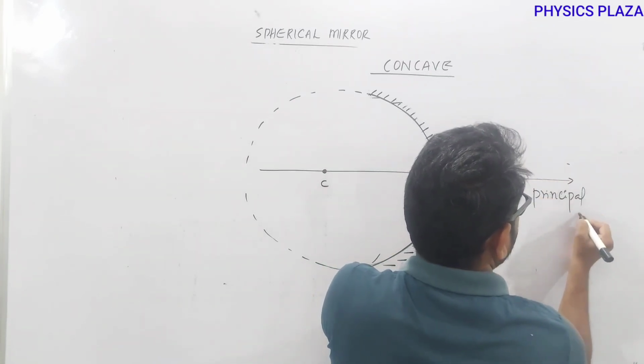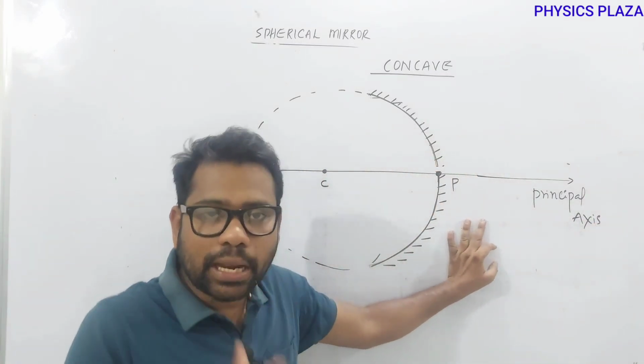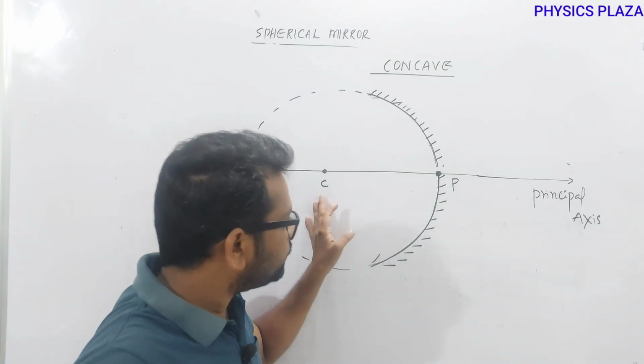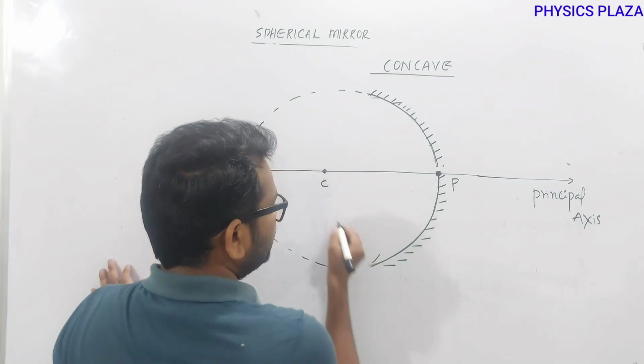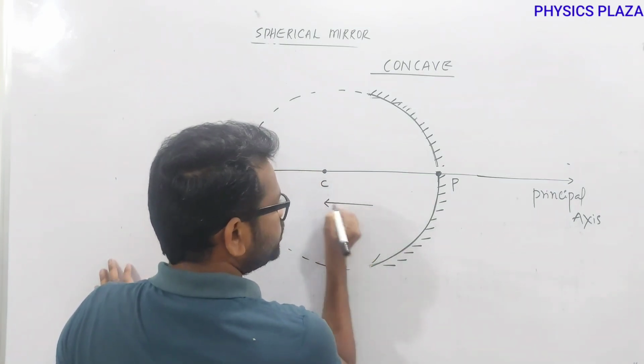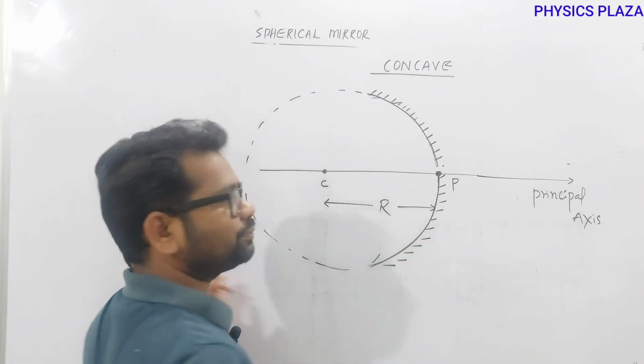Very important. What is the principal axis? It is an imaginary and infinite line passing through the center of curvature and the pole.